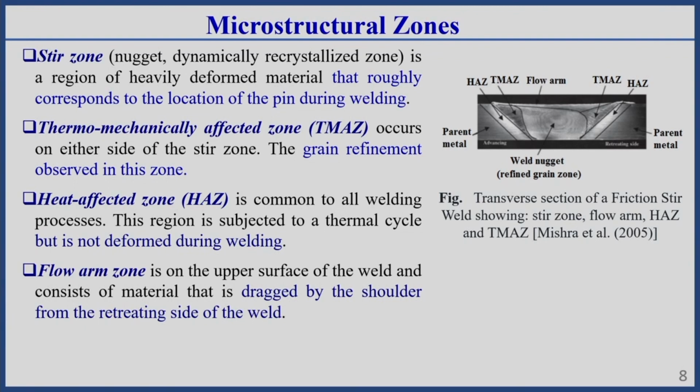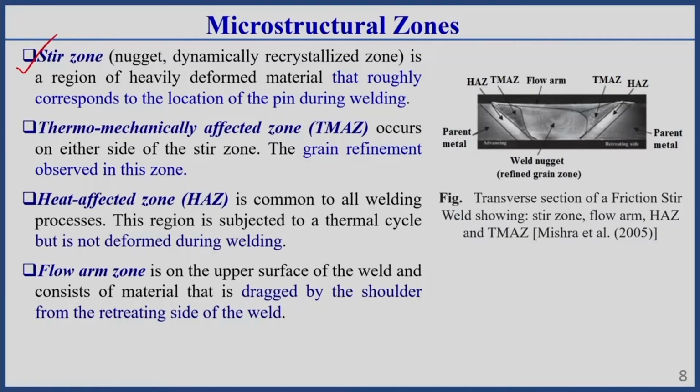But in the fusion welding process, you can observe 3 different microstructural zones: the fusion zone, the heat affected zone, and the base material zone. In friction stir welding you can observe 4, or if we consider the base material zone, then we have 5 different zones.